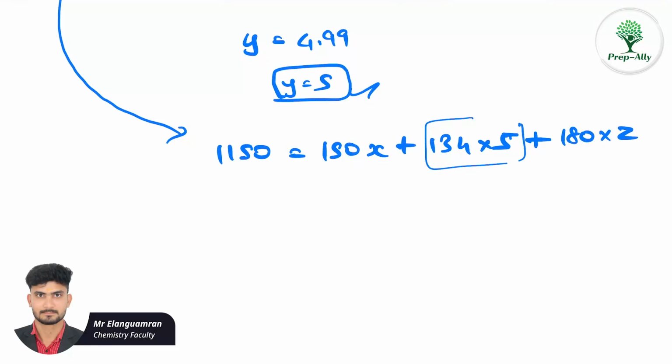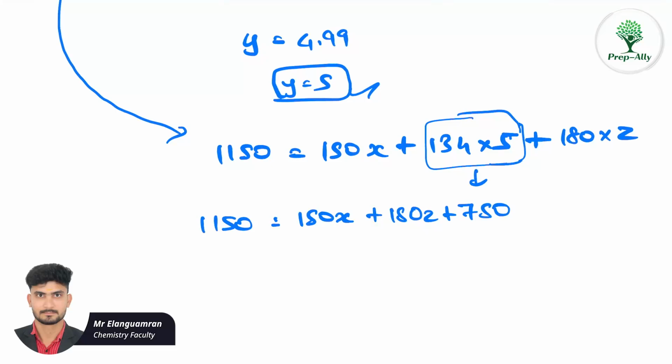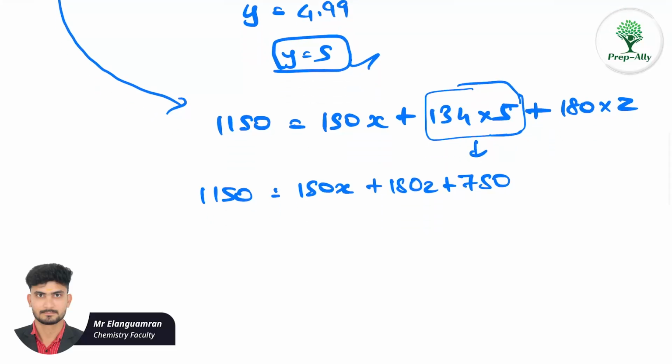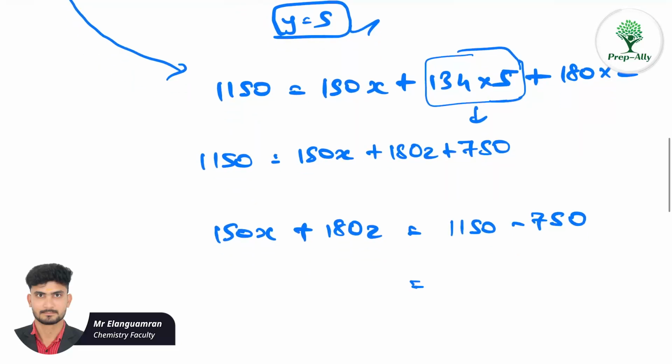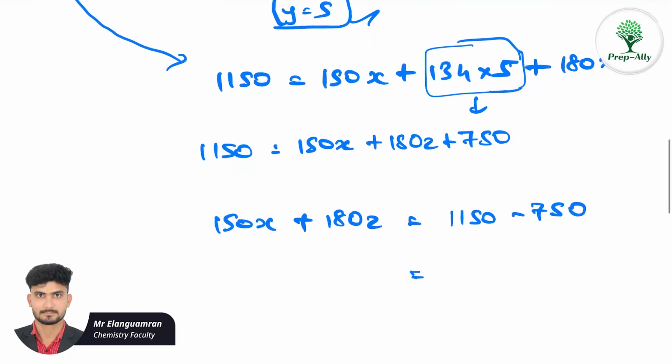So this is going to be equal to 750. So I can bring everything to this side. So 150x plus 180z should be equal to 1150 minus 750, so 400 I will have.